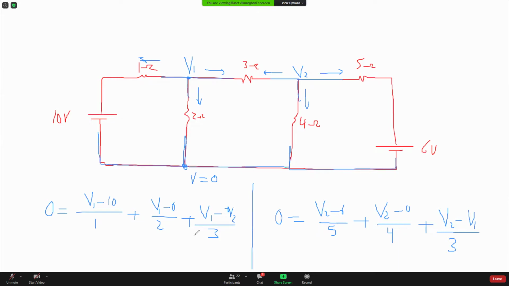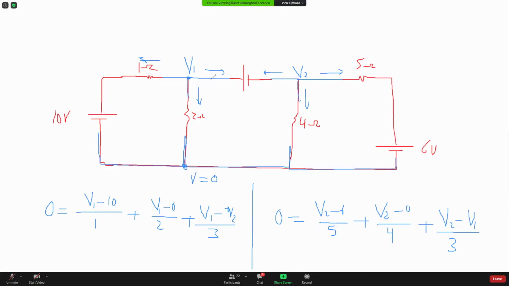So now what we're going to have today, there is a special case where this is not a resistance. So I'll keep that resistance. But here it's not a resistance: between the two nodes there is a source, a voltage source.